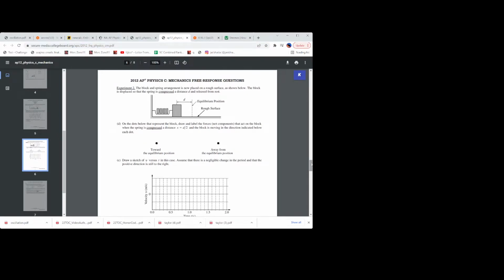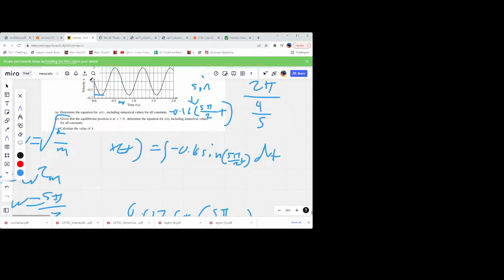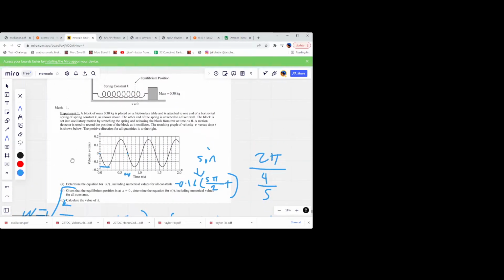I'm gonna solve it. I don't know what that equilibrium position thing meant. What does that mean? x equals 0. Given that the equilibrium position is at x equals... Was that just there to throw me off? Like, what's going on?